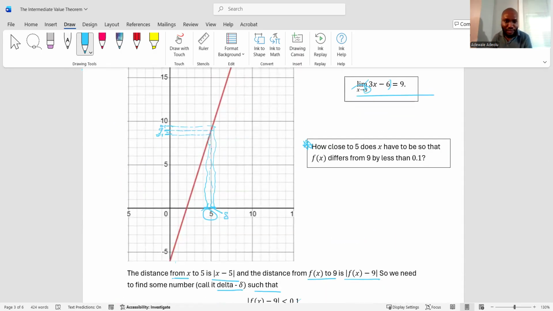Okay, so I will claim that here is 9 minus epsilon, here is 9 plus epsilon. And this end, I will claim, remember the distance here from 5 to that point is delta. So that is 5 minus delta. And here to this end, that would be 5 plus delta, that end. So the distance.